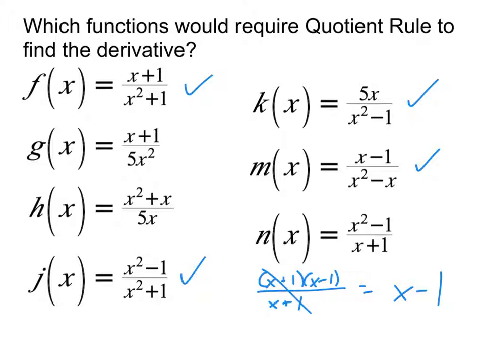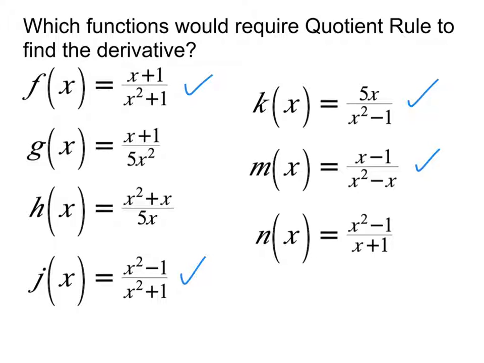So yes, you could do that without quotient rule. The derivative would equal 1. But again, can you use quotient rule? Yeah. And so there's multiple methods now that you have at your disposal, and part of what you're going to be doing on a lot of problems is actually starting out by deciding which method am I going to be using on them. Good point.